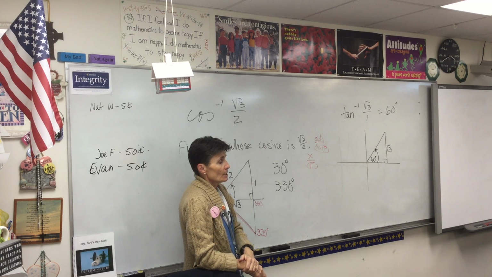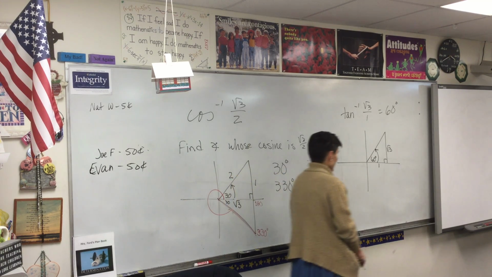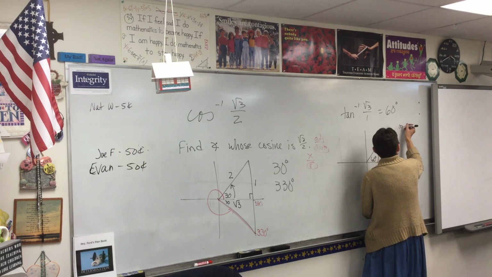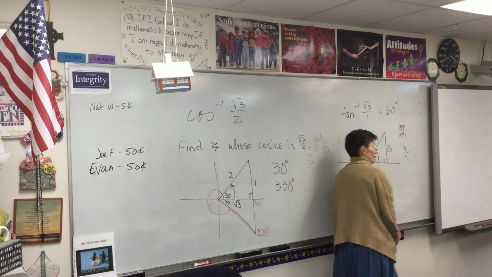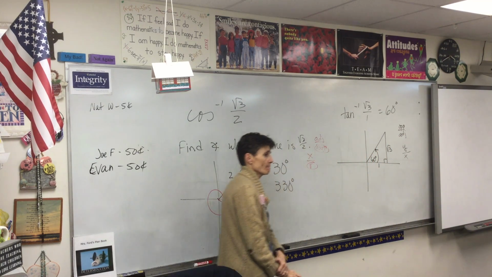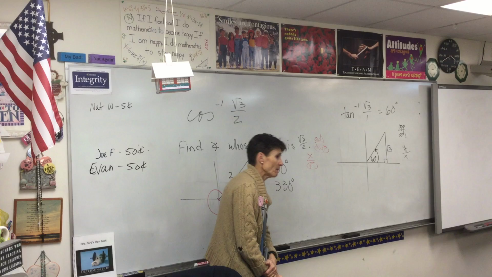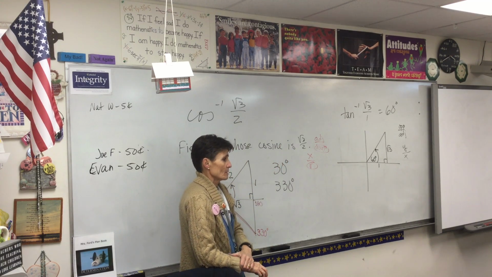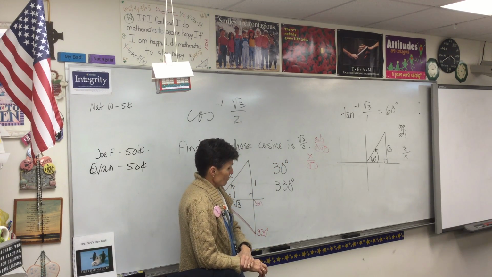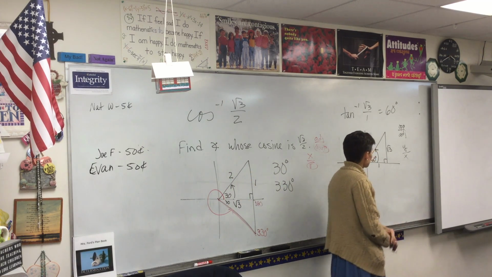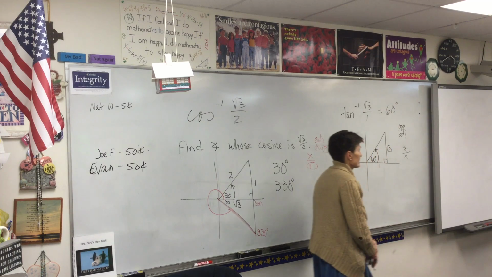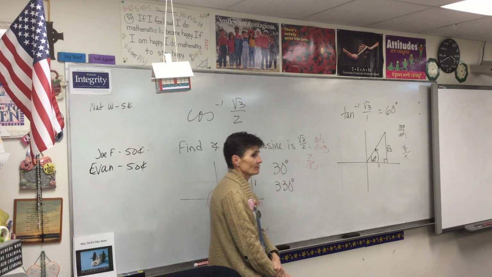Now, tangent. Opposite over adjacent, or y over x. You need that to be positive. Where else can you put this over this, or y over x, and end up positive?